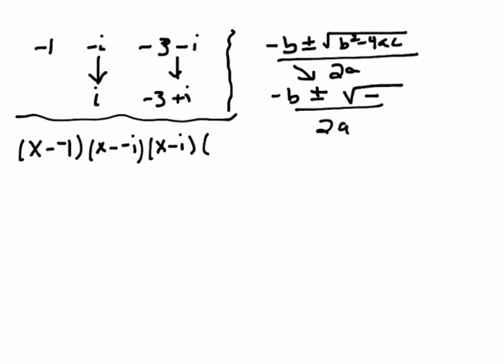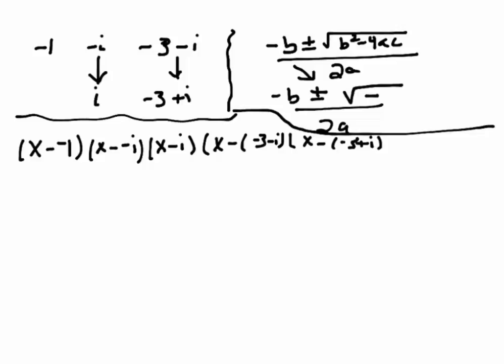And then our last two, you'd have x minus -3 minus i times x minus -3 plus i. All right, that's a little squished.